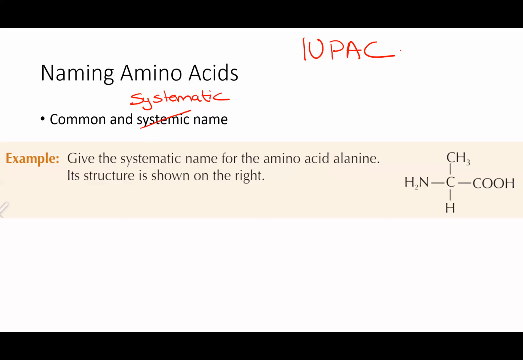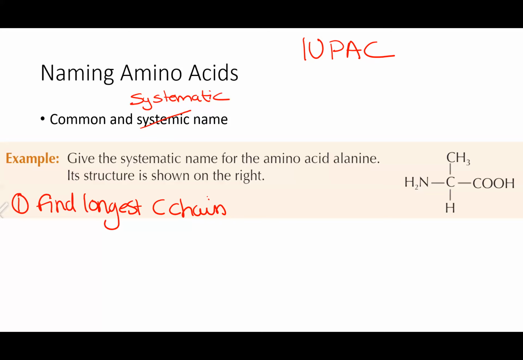So here's an example. You're asked to give the systematic name for the amino acid alanine. Its structure is shown on the right. The very first thing you're going to do is find the longest carbon chain, and that includes the carboxylic acid group, and write down its name.